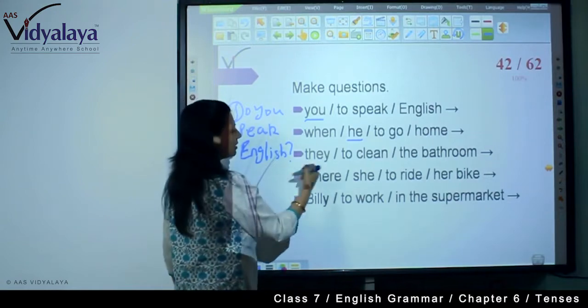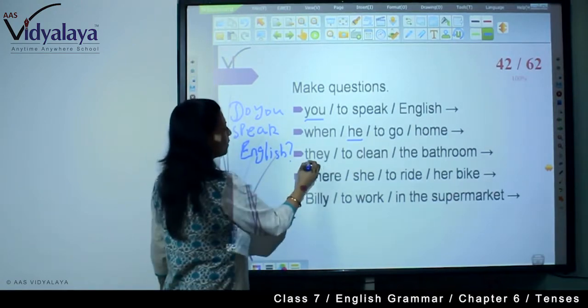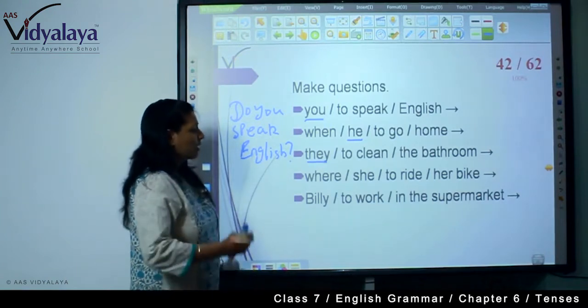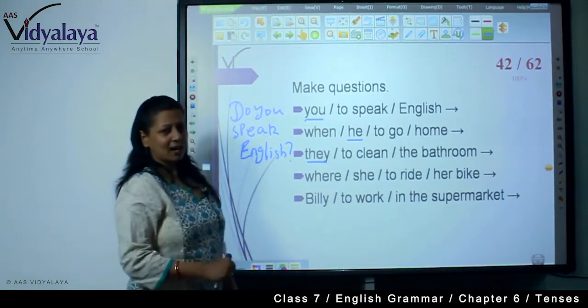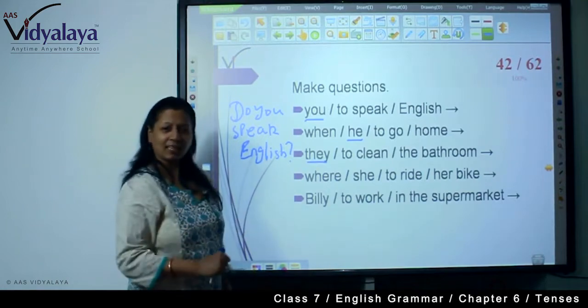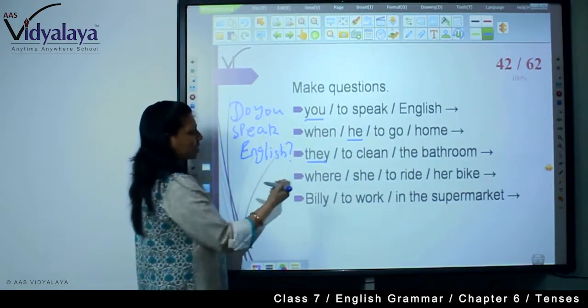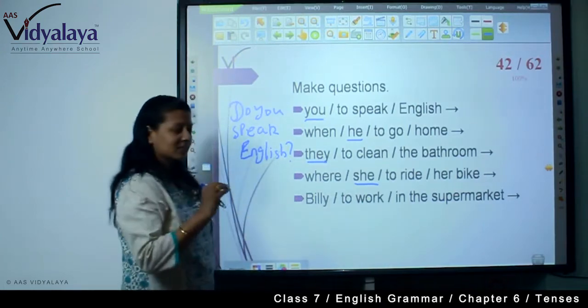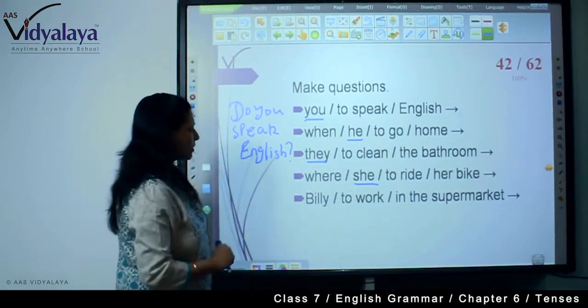Now they is plural, to clean the bathroom. So the verb will be according to they. So how do they clean the bathroom, or when do they clean the bathroom? Where she to ride her bike? She is the subject. So where does she ride her bike?